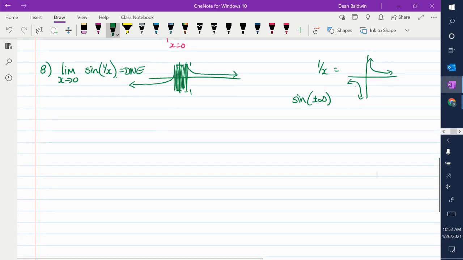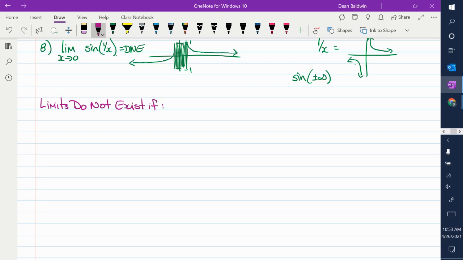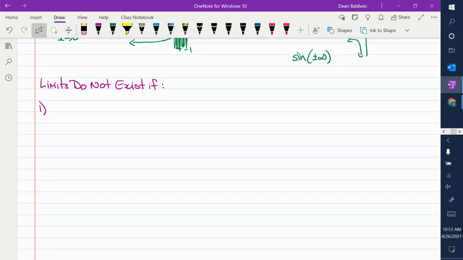All right, let's summarize this. Limits do not exist if, one, you approach different numbers from the left and right.